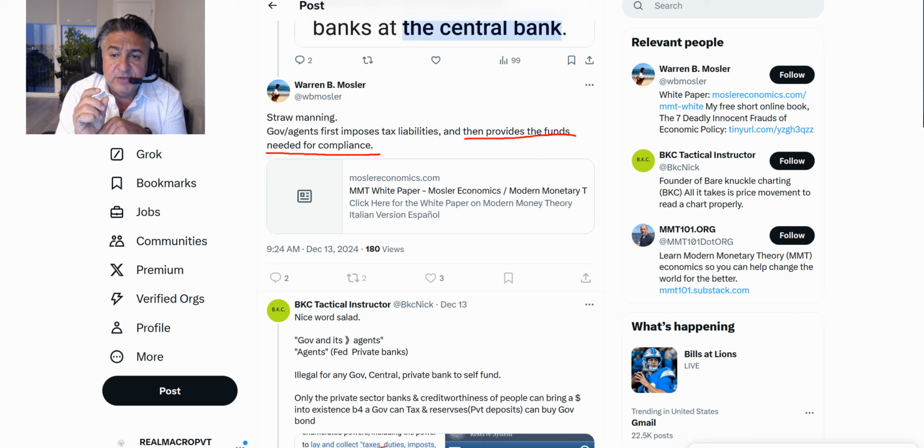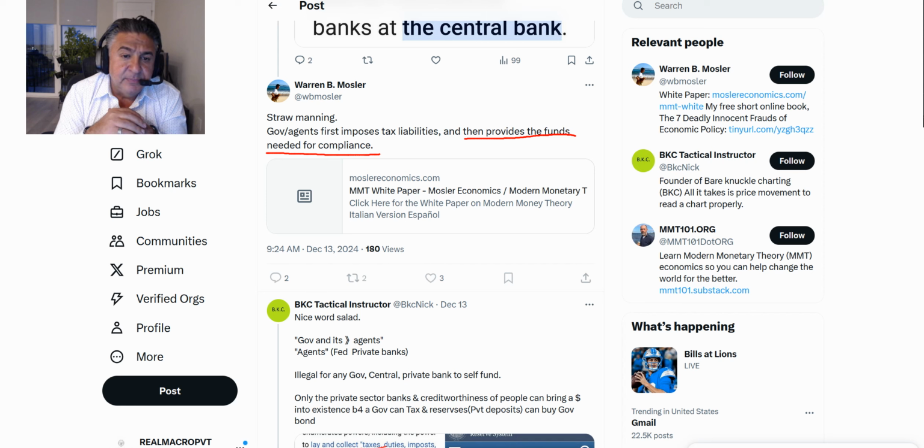How can it first provide the funds needed for compliance? Nowhere in the Constitution does it say the government can issue money, and if they can, tell me where it says, oh, government can just issue money and willy-nilly pass it out to everybody. Tell me where I can go get a few hundred bills. Right? The government just passes out money, great. Where can I go get it? Show me.